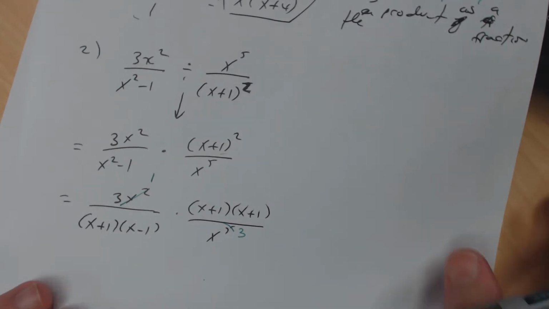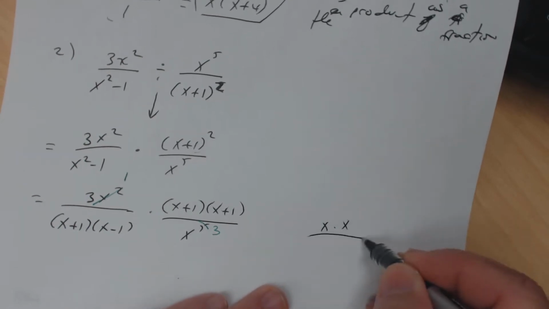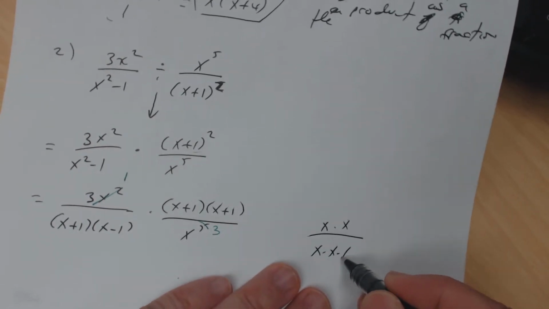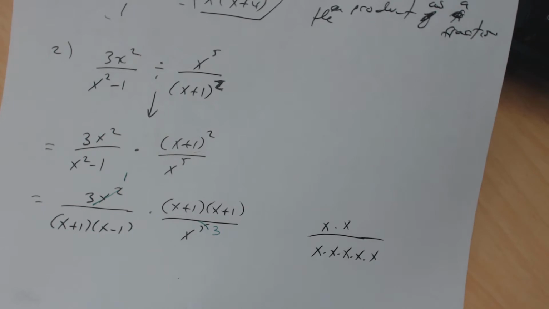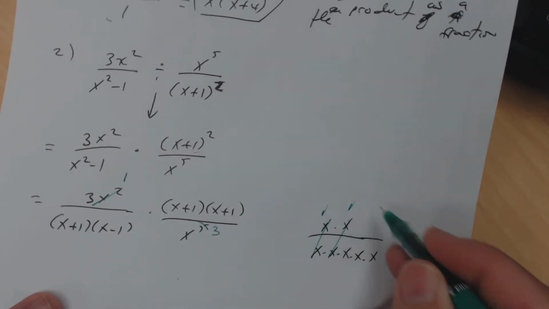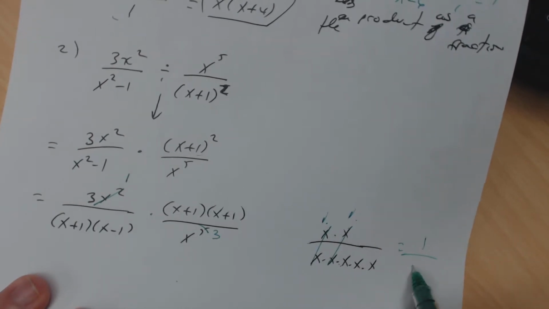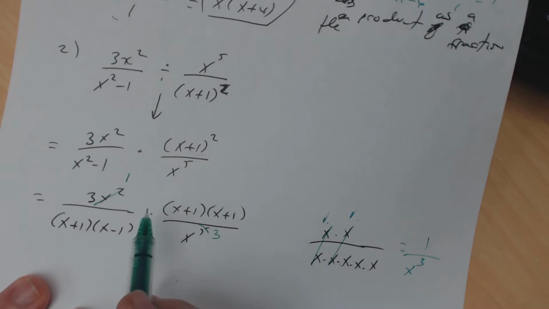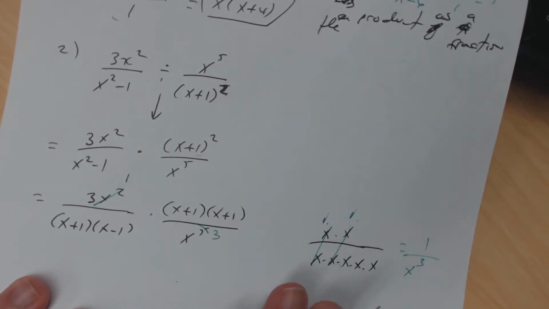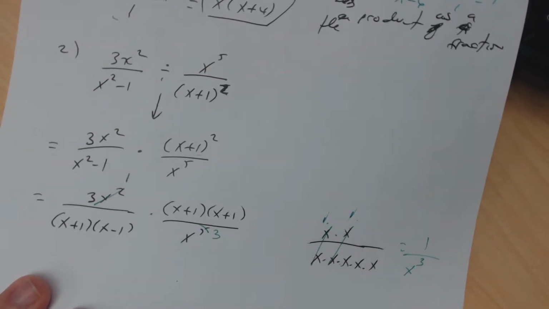So basically, if you want to visualize, this is what you're seeing. Watch. So x times x over x times x times x times x times x. That's what you're seeing. And then these right here divide out, these divide out, and notice you have 1 times 1 is 1 over x times x times x, which is x to the 3rd power. And that's what you see here, 1 over x to the 3rd power. So if you do need to think of it like this, then think of it like that.